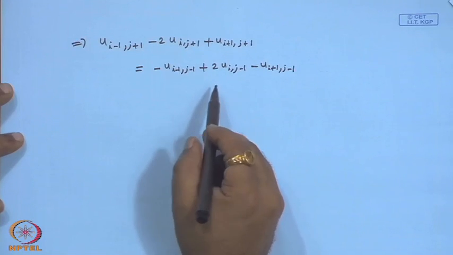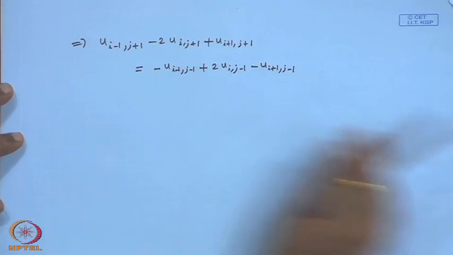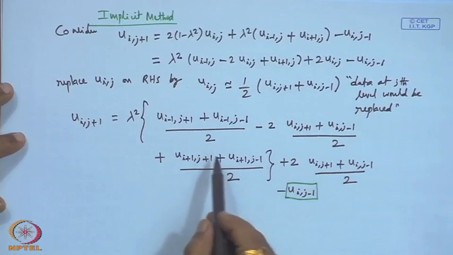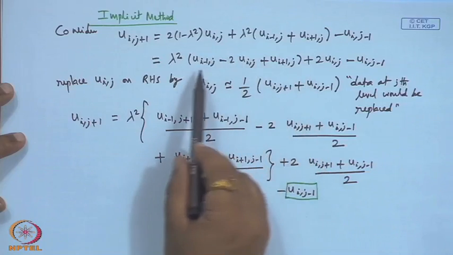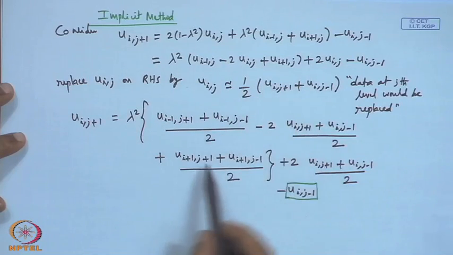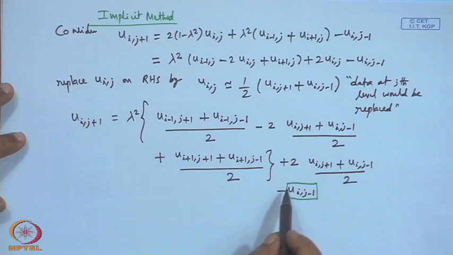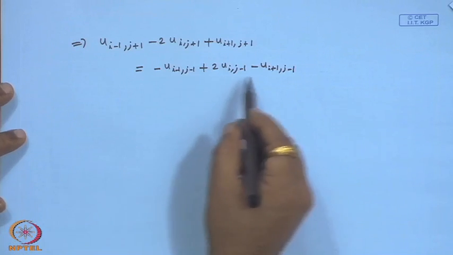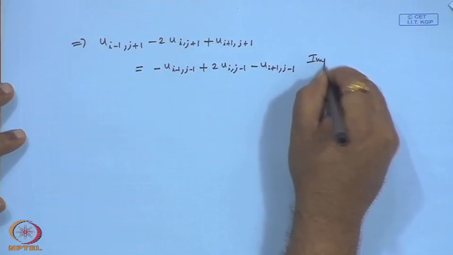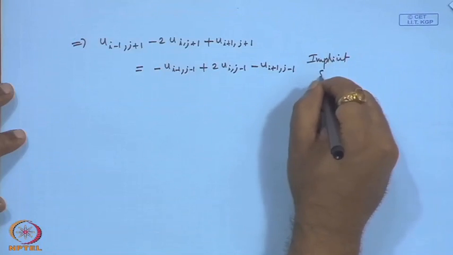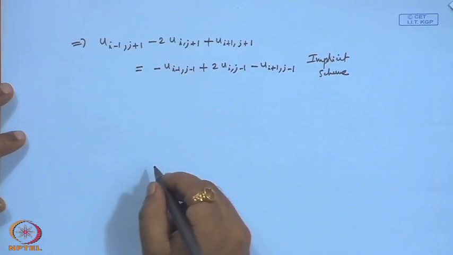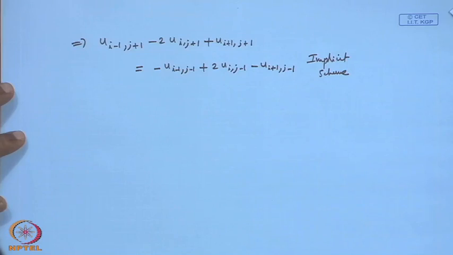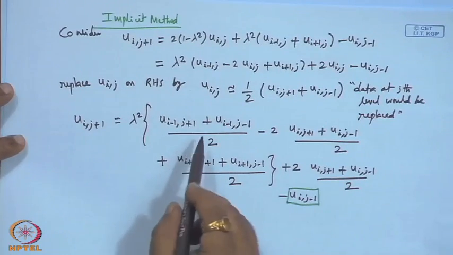If we adjust this, this is lambda square here. So, we have replaced, then we have to rearrange these terms. When we rearrange these terms we get an implicit scheme. Okay.